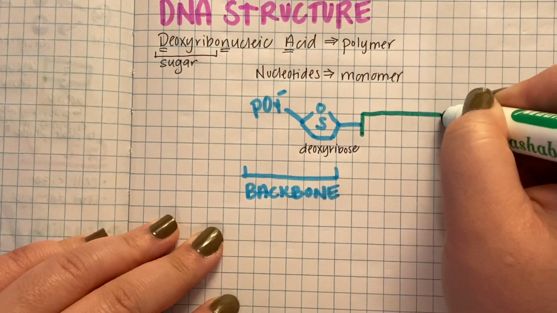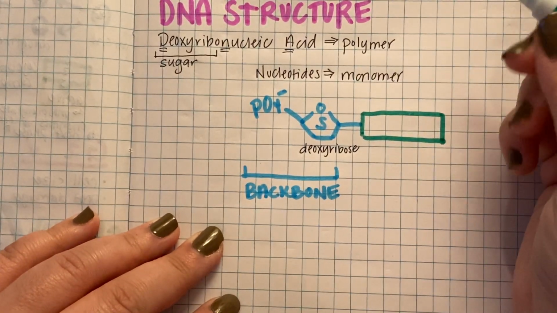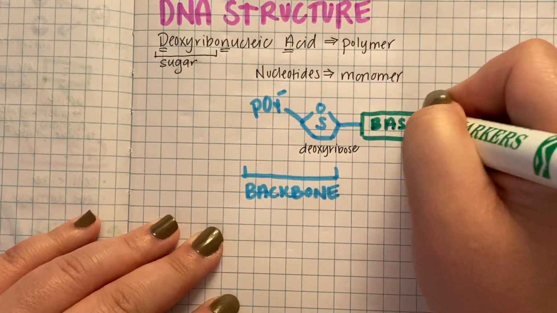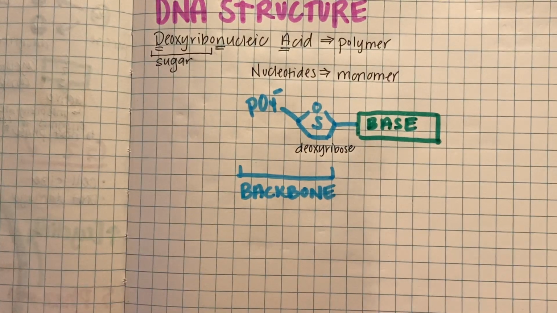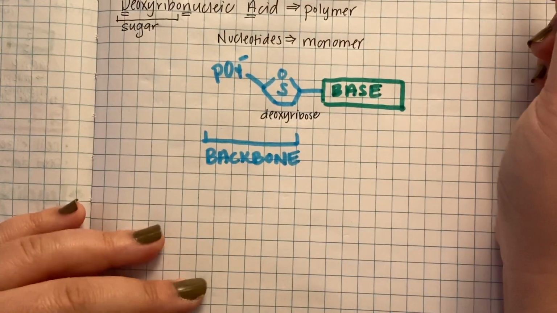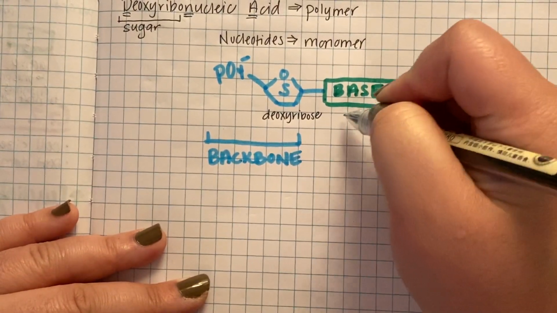We're doing it in a different color, and this is our nitrogenous base. My box isn't big enough to write nitrogenous. I'm just going to write base. We say it's a nitrogenous base because it has nitrogen in it. They all have nitrogen in some form. So there are 4 bases.